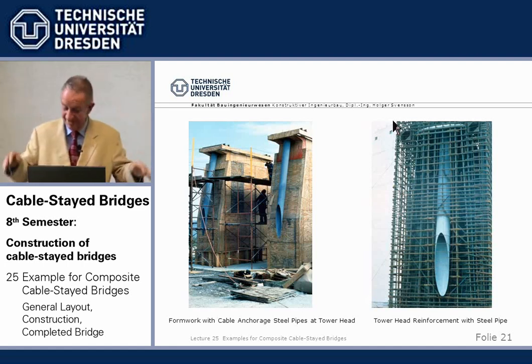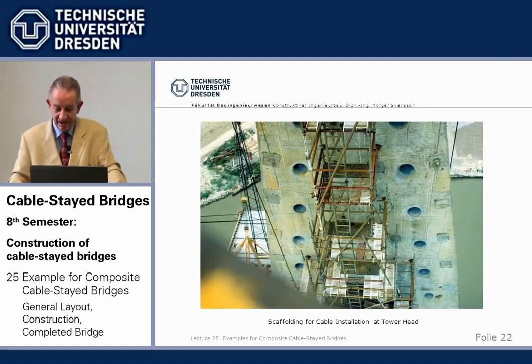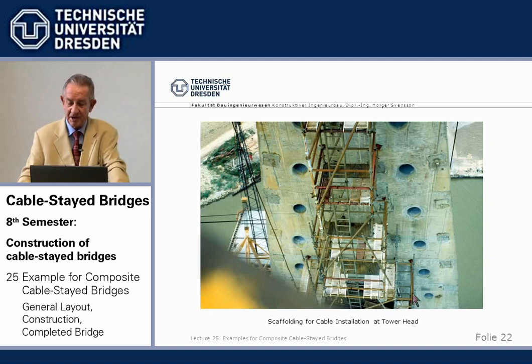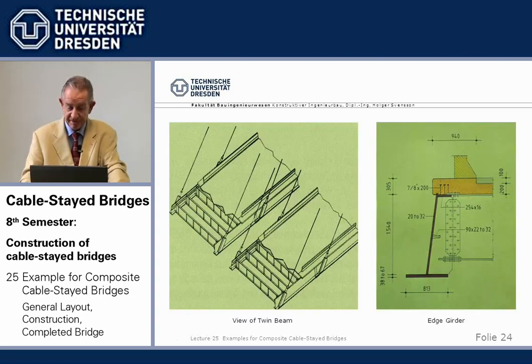I've seen it, not with my bridges, but one has to be very careful there. Of course, jumping forms, not sliding where you are under pressure time-wise, place it and all that. This is the completed tower head. We see here how the steel pipes come out, and these are the anchorages of the loop tendons.